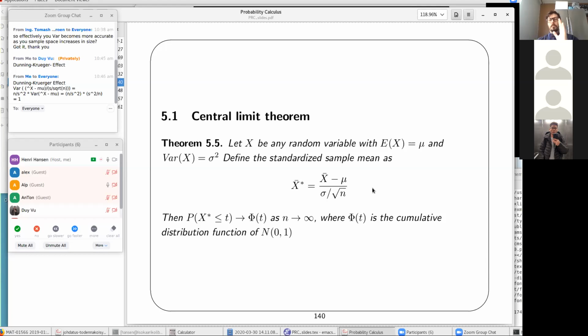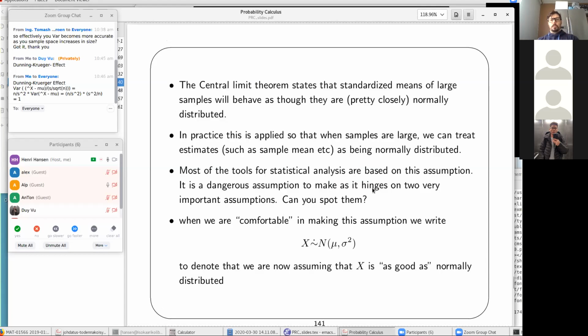I'll show you a stronger version of this shortly. But whenever we are comfortable making this assumption, I wrote here a dot over the sign. So X pretty much follows the normal distribution. We say X is as good as normally distributed.